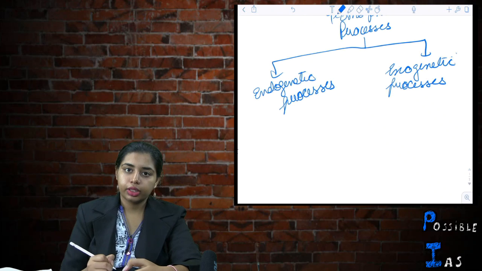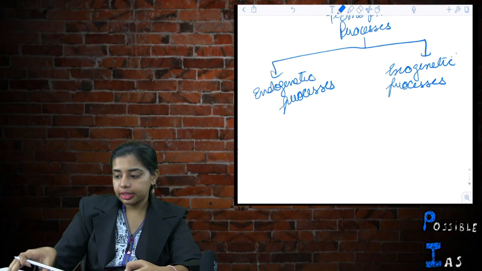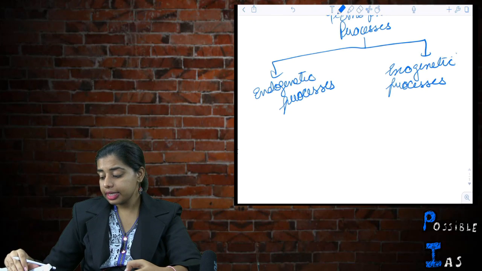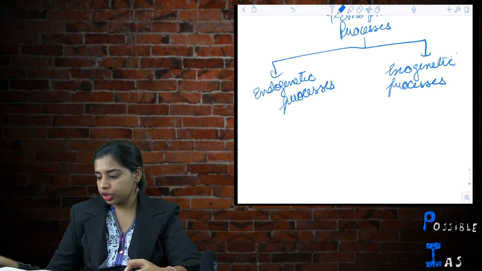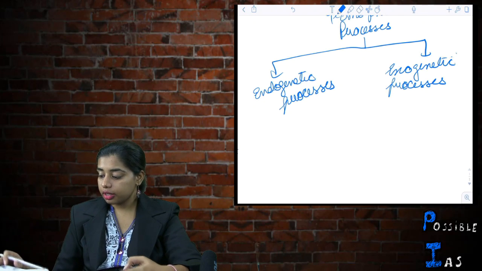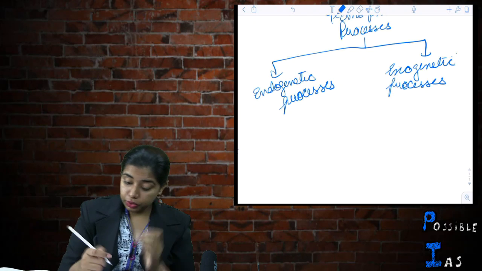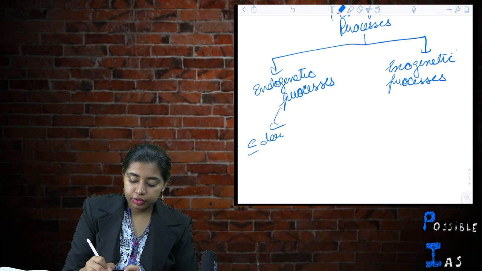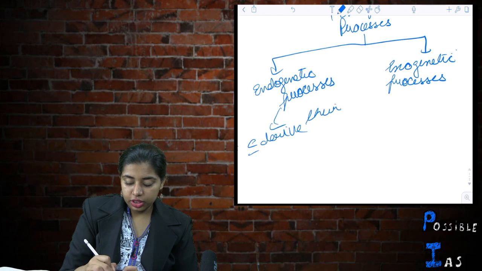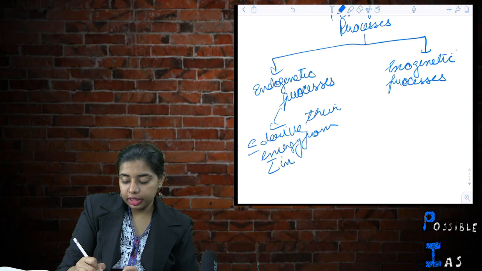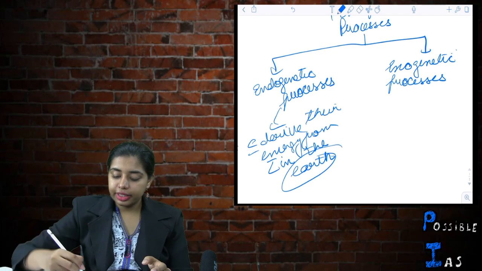Correct? So now when you consider the endogenetic processes, these are the ones which derive their energy from within the earth. How? Because these are related to plate tectonics. And what are exogenetic processes?